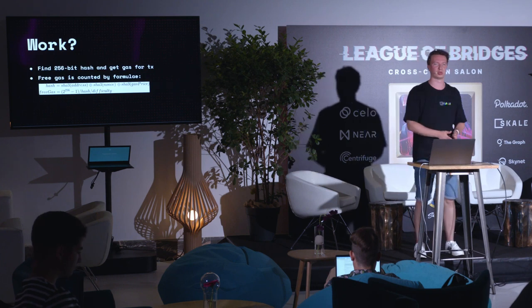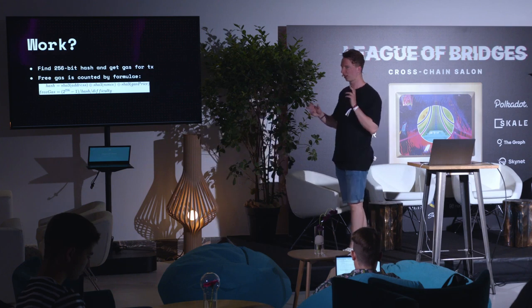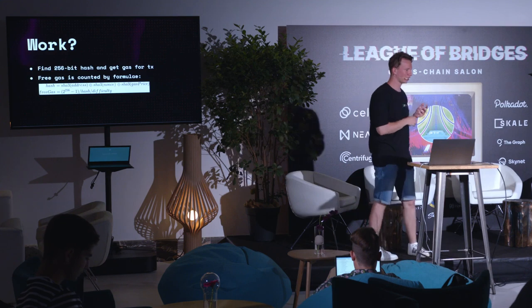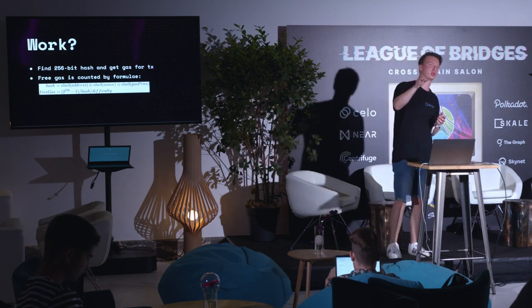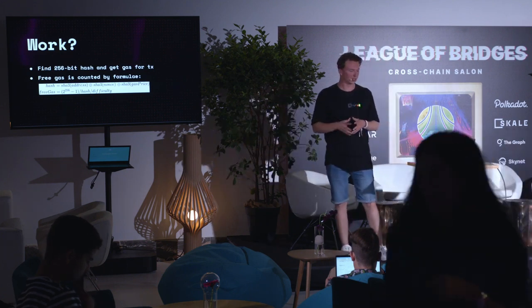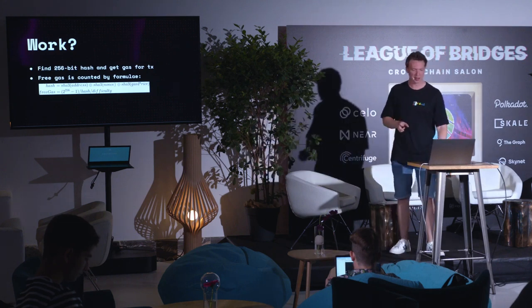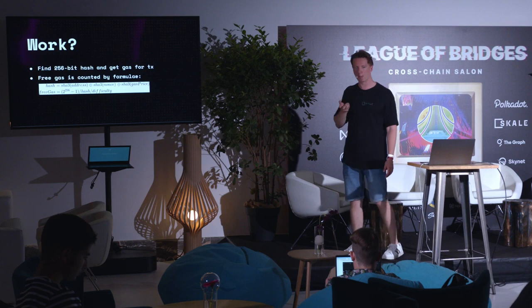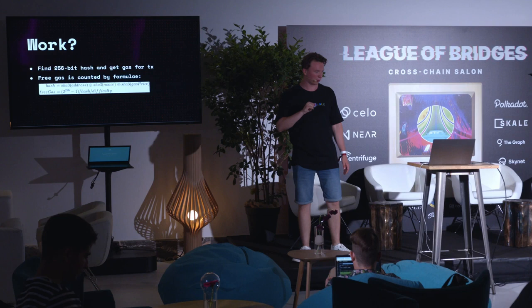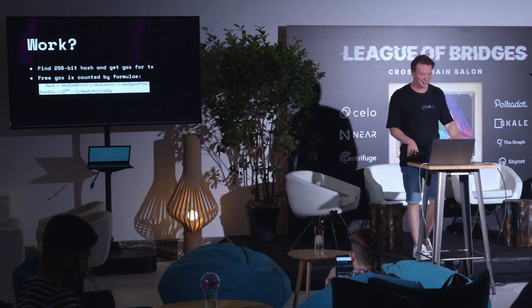So, what work should you do to get this free gas? For getting free gas, you should find a 256-bit hash, and you will send it to our S-chain, to our blockchain. In this case, you will get a specific amount of gas for this hash, and the amount of gas that you will get is counted by this simple, maybe not so simple, formula.